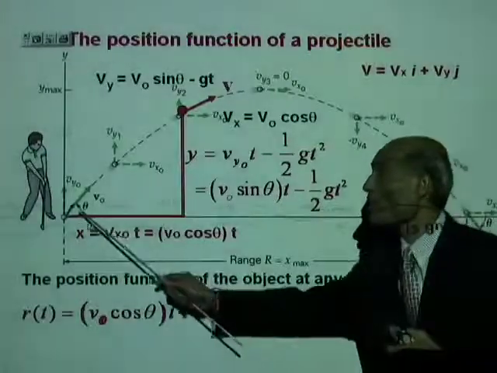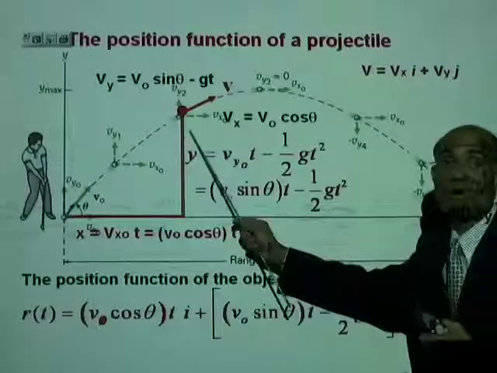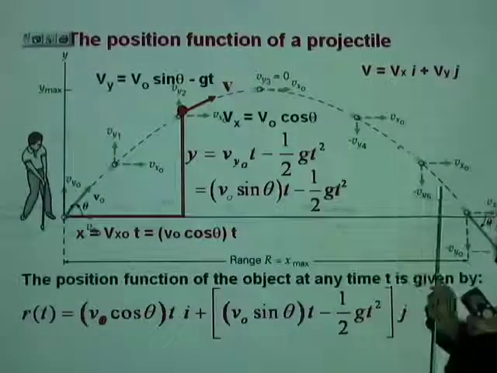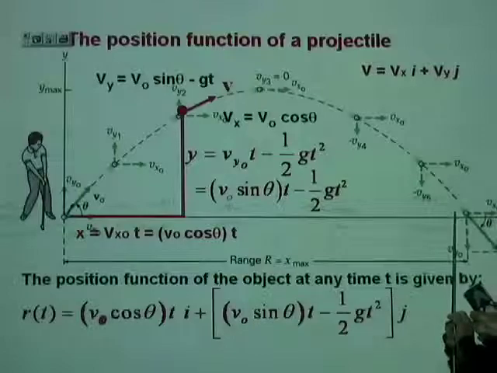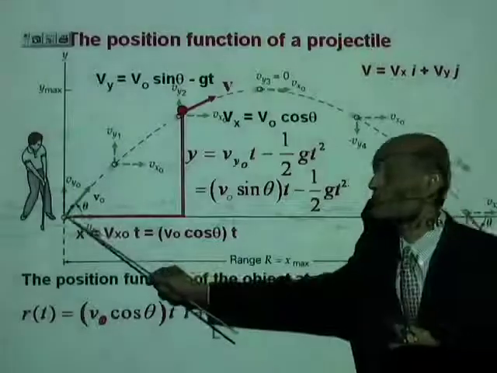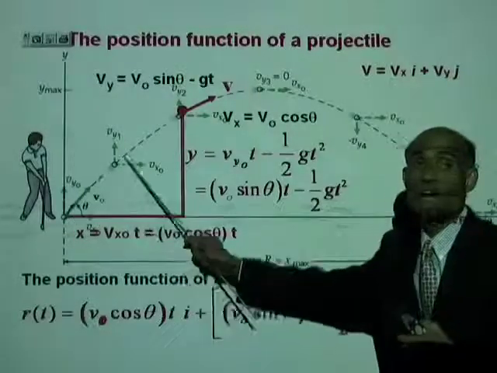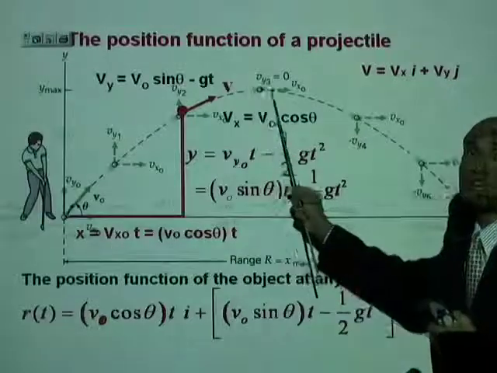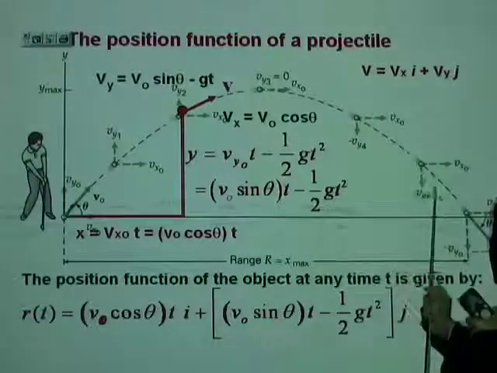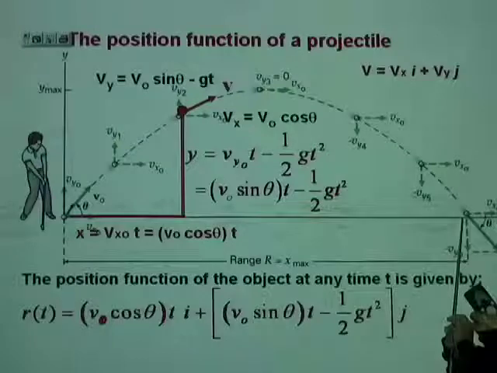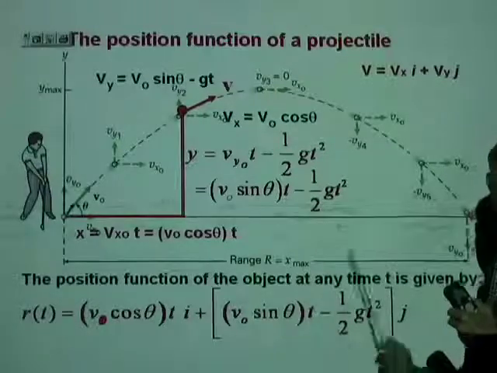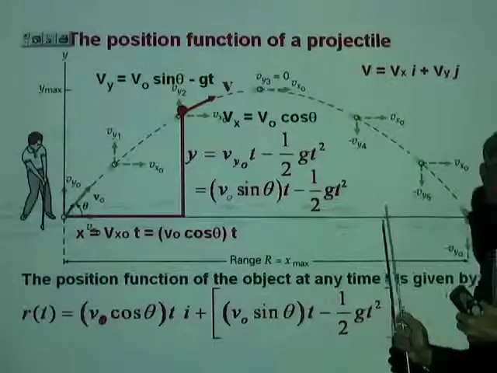What is the value of that y position when the projectile returns to the ground? You project it from a point and it reaches the maximum height and returns to the same horizontal level. What is the value of y when that happens?